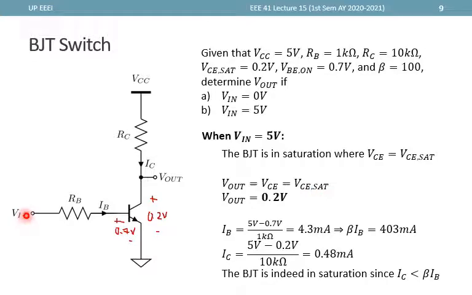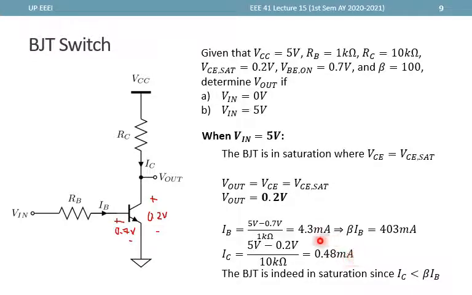IB is still 5 minus 0.7 over 1 kilo ohms, which is RB. Still we get 4.3 milliamps. If we solve for beta IB, this is 430 milliamps, but this is not IC, since we are assuming saturation. IC, in fact, can be solved from KVL in this path. IC is the current through RC, which is 5 minus 0.2 over 10 kilo ohms, which gives us 0.48 milliamps.